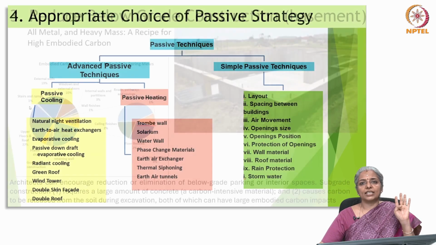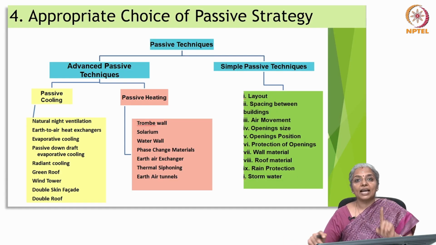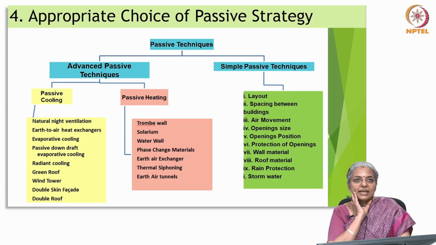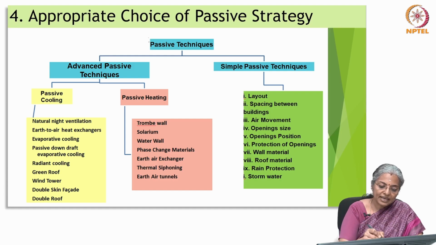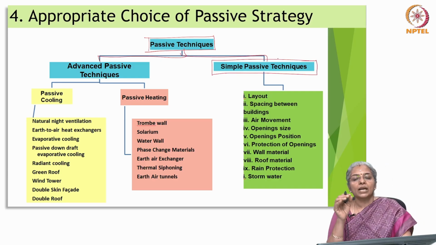The fourth strategy you can follow is to use appropriate, simple and advanced passive strategies based on the climate of that place. So, what are simple passive strategies? Here I have classified passive strategies or passive techniques into two types. One is advanced, one is simple. So, what are simple passive techniques?